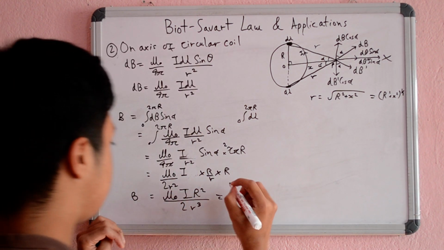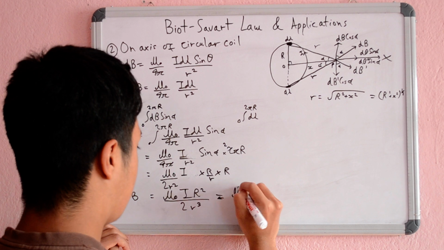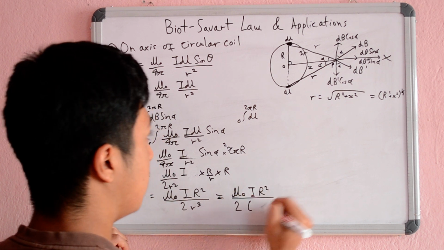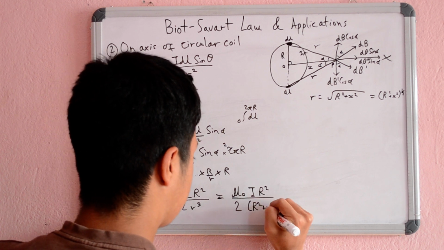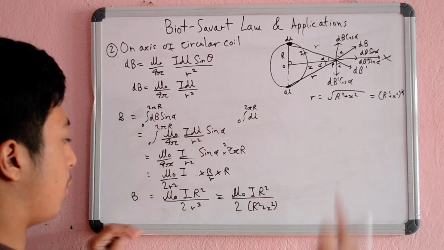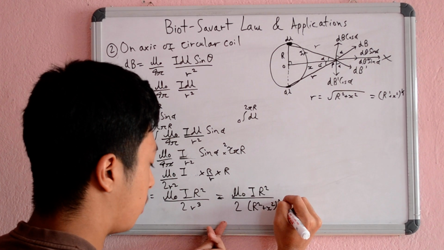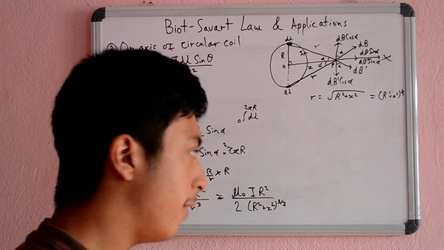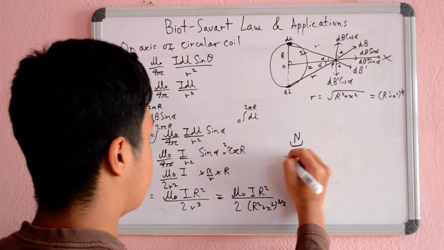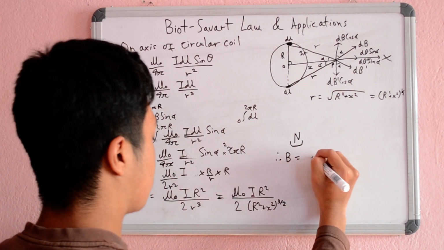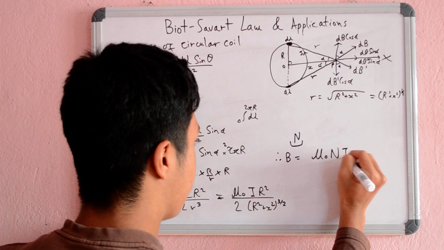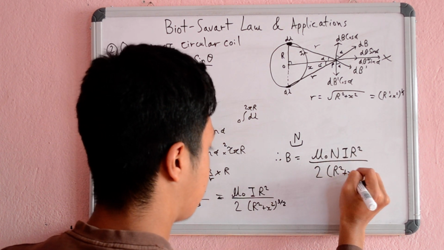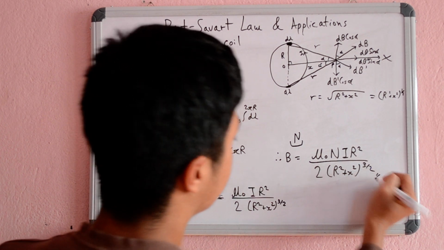Since we have the cube, the powers multiply, so this equals mu naught I R square by 2 times R square plus x square to the power 3 by 2. And if there are n number of turns, finally the magnetic field becomes mu naught n I R square by 2 times R square plus x square to the power 3 by 2.